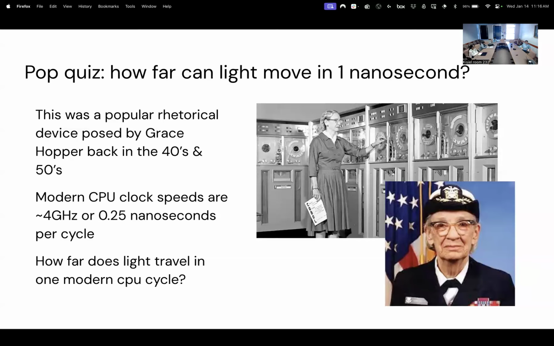And so this is why I think this is an interesting starting point for talking about computation. And this was Grace Hopper, who you should, in your free time, go and read about. She was an early computer scientist.